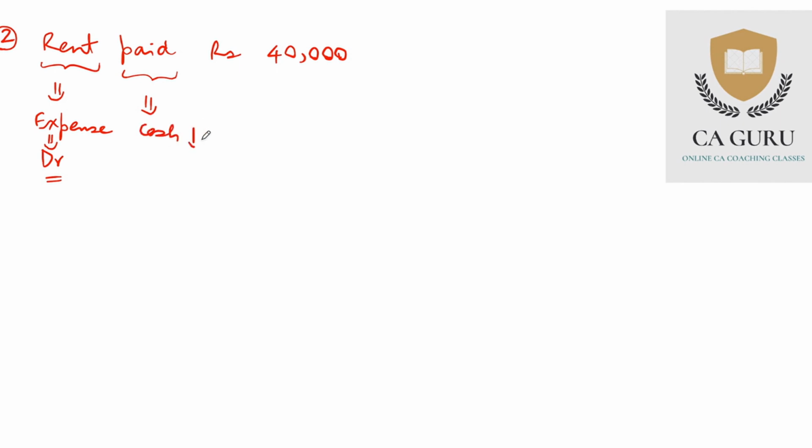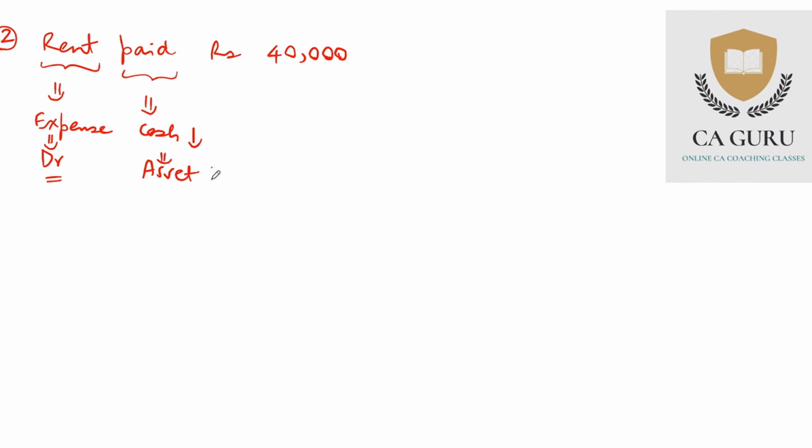Let us come to the second example. Rent paid rupees 40,000. Now rent paid is an expense. When you incur an expense, you will have to debit. So rent has to be debited. Paid refers to settlement, so we have paid by cash. Cash is coming down.